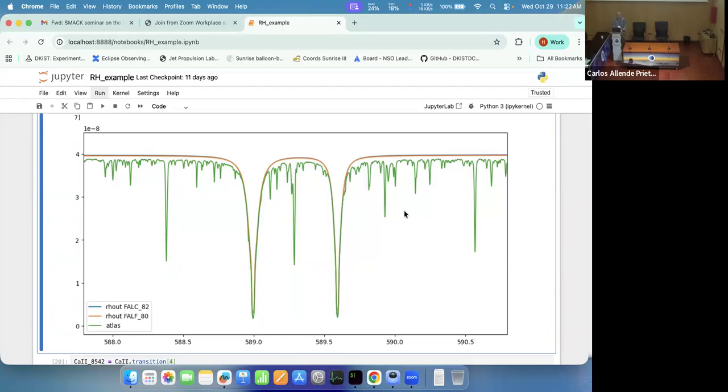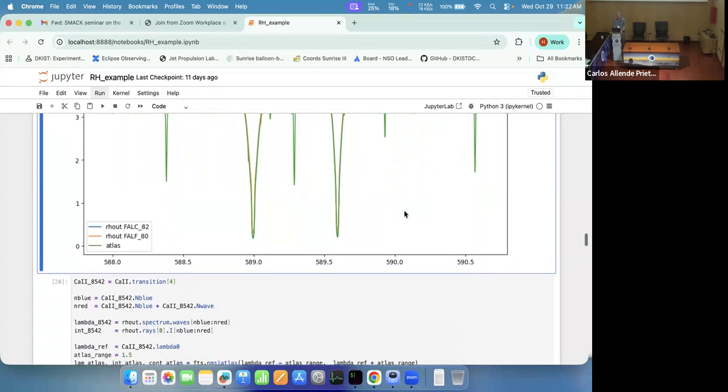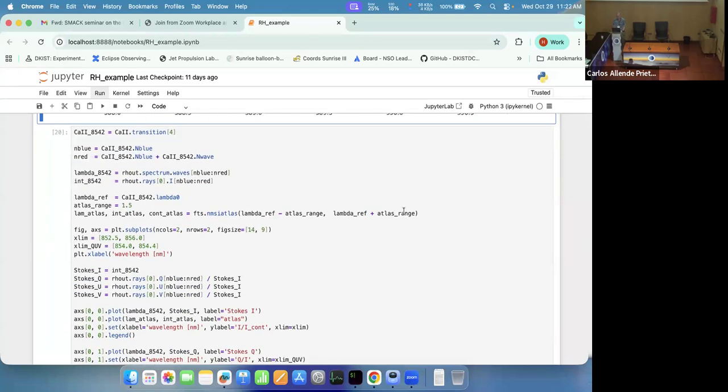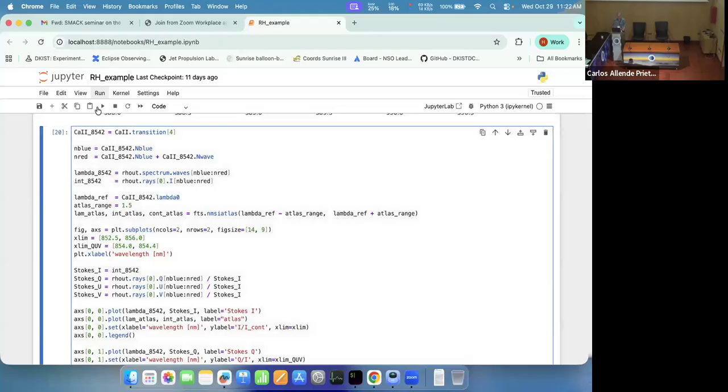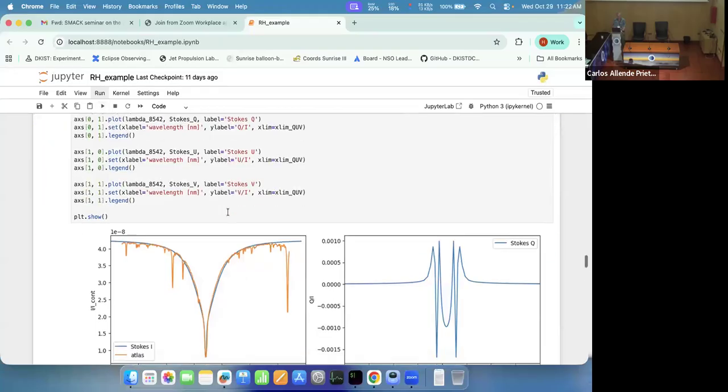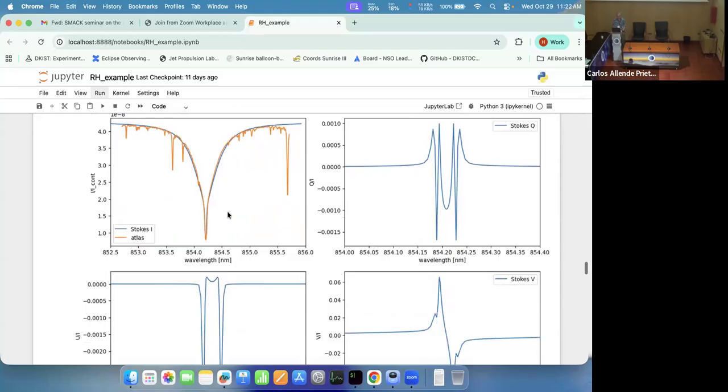If I make the same plot of the calcium infrared triplet, the atlas and the calculated profiles are dead on. They are all identical. So here we can plot, for instance, the 4 Stokes parameters.